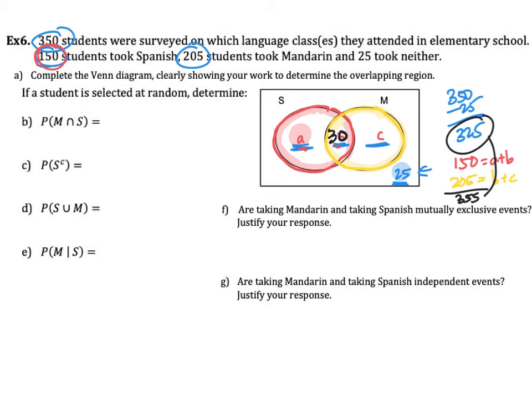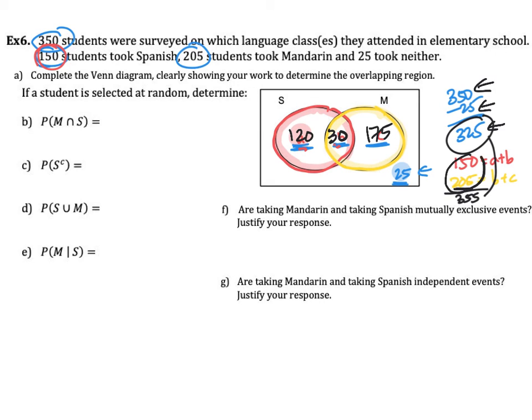And if B is 30, then I know Spanish only is 120, because now my red circle totals 150. And then my yellow circle has to total 205, so C has to equal 175. So again, what did I do? I took the total number of students and subtracted those who didn't take either, so I only have 325 for these three spots.